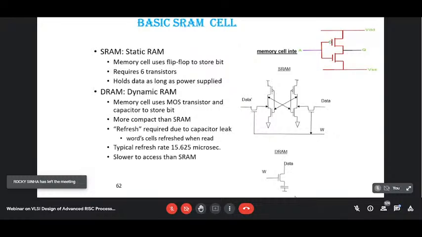So if you want to store data in a DRAM, in the data line, that means in the drain, you give the data, and for write, you apply the signal to the gate. So the transistor will be enabled. Once it is on, that data will be stored onto the capacitor. Similarly, from the capacitor you can take the output, you can read the data as well. So simple is DRAM.